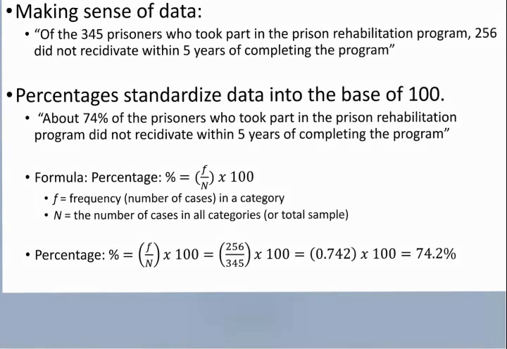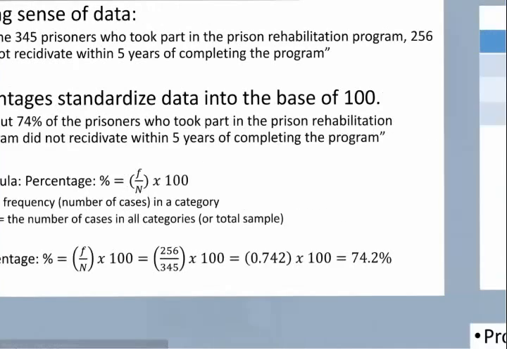So if we plug in our information, we take 256, divide that by 345, which is the number of prisoners in the program, 256 being the number who did not recidivate, times 100, and what we get is 74.2. So again, we can take this information and turn it into something that is more readable.